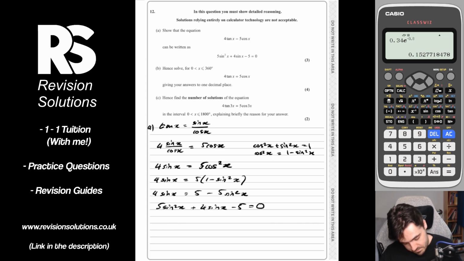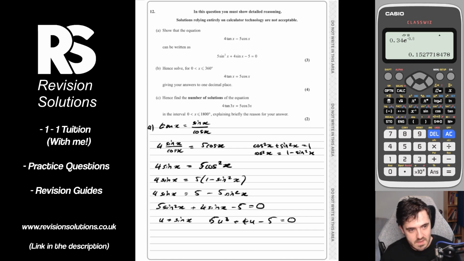So part B then says, hence solve that equation. So that's the same as just solving the result we just found between 0 and 360 degrees. So what we have here is a quadratic in sine. If it helps you, you could say u is sine x. And then this would be 5u squared plus 4u minus 5.